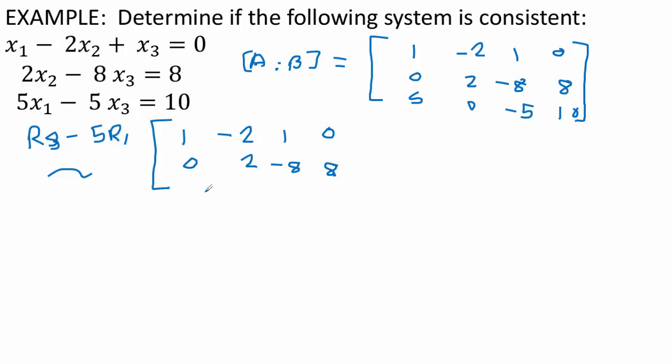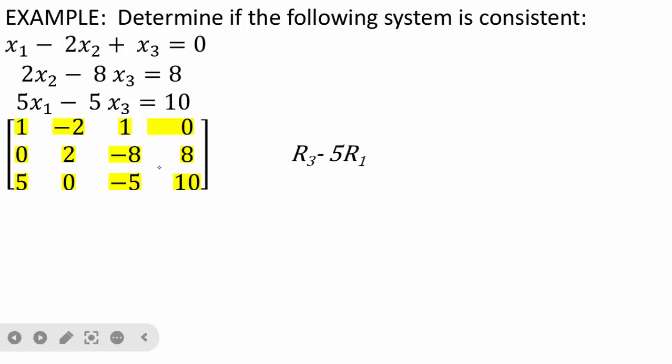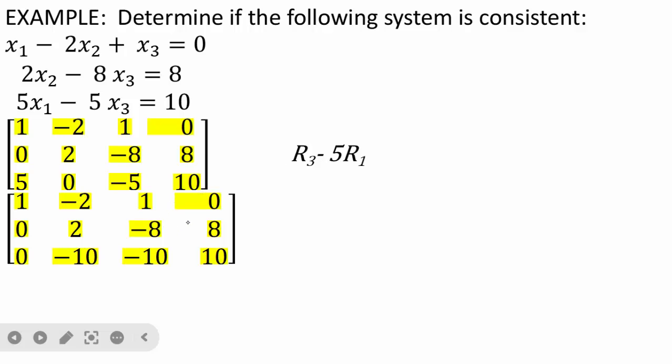Therefore, 5 minus 5 into 1, 0. This second element: 0 minus 5 into minus 2, that is a plus 10. This: minus 5 minus 5 into 1, that is again minus 10. We get this matrix after R3 minus 5 R1. The first row will not change, the second row will not change, and the third row will become this.